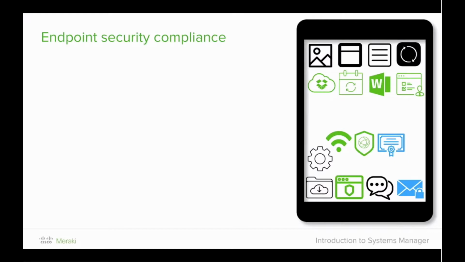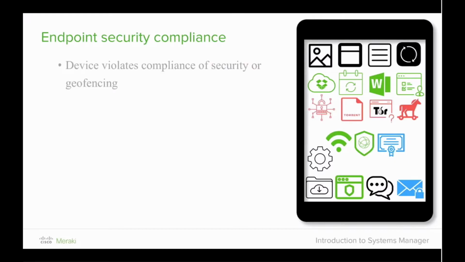And then we start introducing content that violates the compliance of security or geofencing that we have set up on this device. So whether it's different bugs on the device, different Trojan horses, you get the idea. So now we have a potentially infected device.